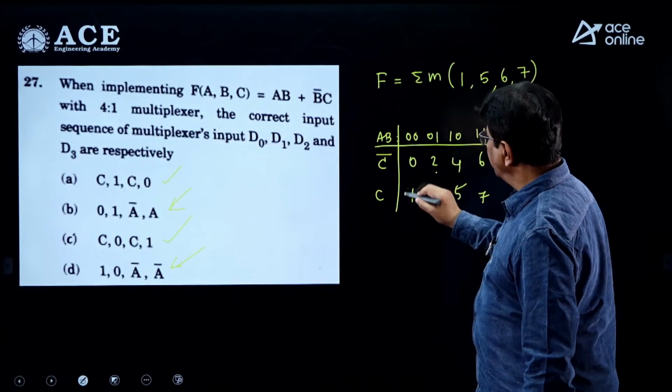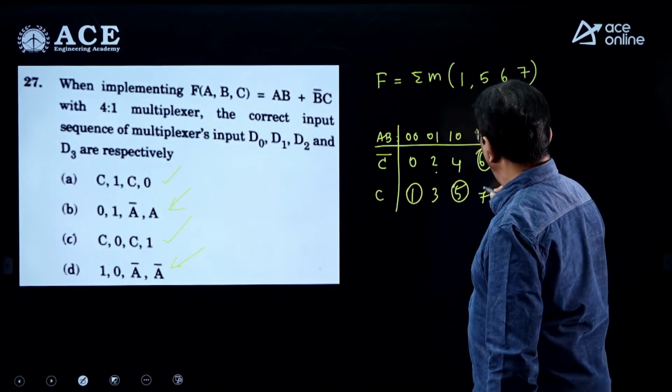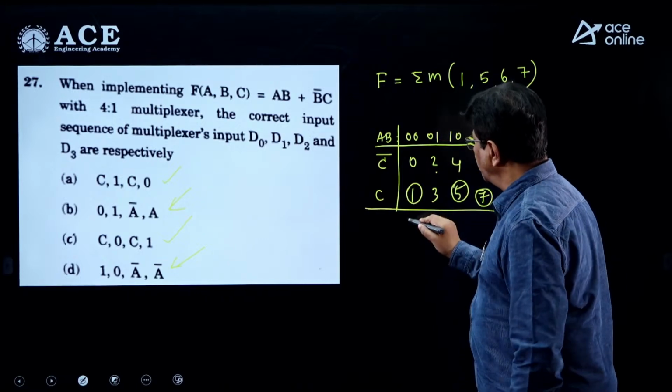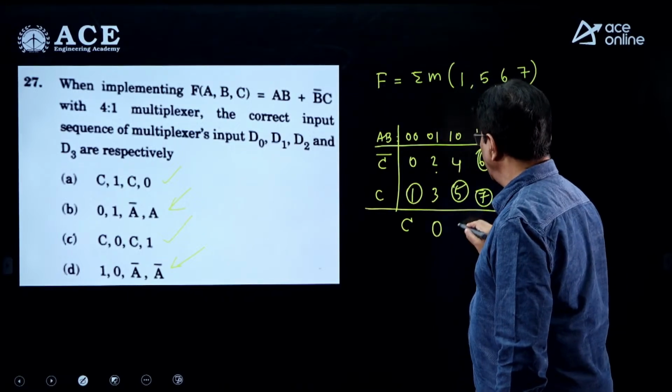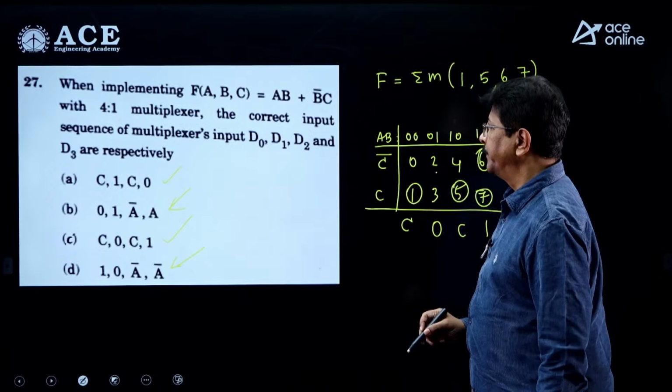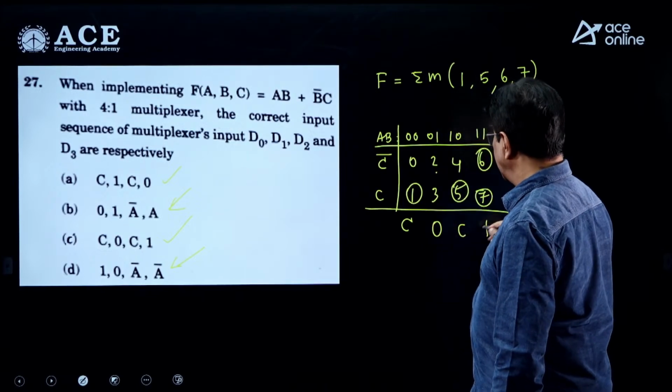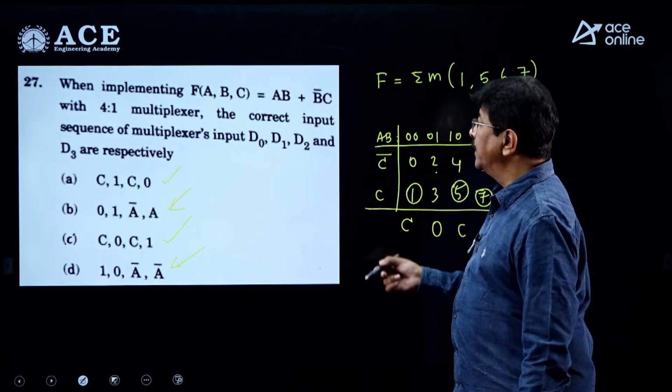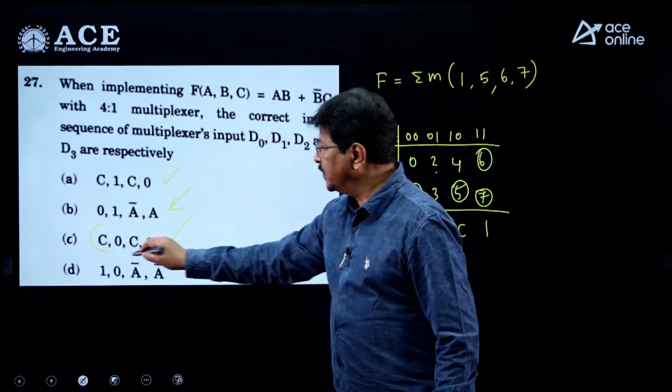Here you encircle the min terms. Based on this, we will get C, 0, C, and this is 1. So C, 0, C and 1.